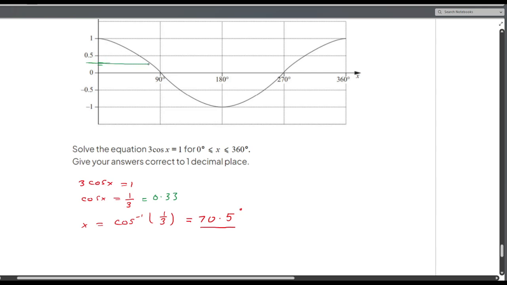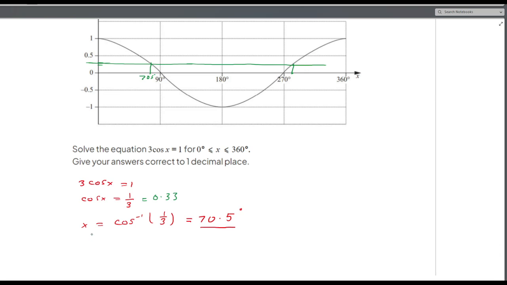Now if I draw a horizontal line like this at 0.33, I see that it is cutting my graph at this point, which I got from calculation as 70.5. The other point where it is cutting the graph is somewhere here, after 270 degrees.